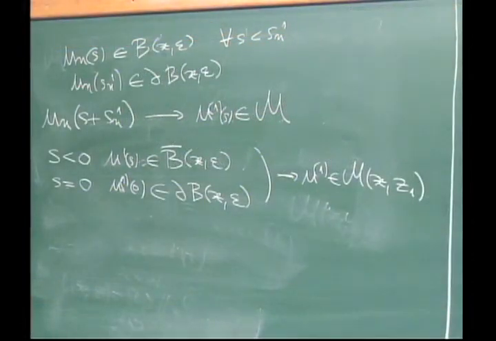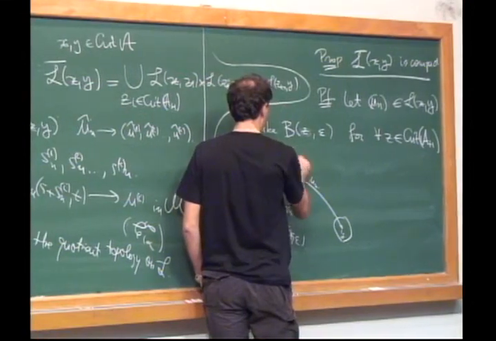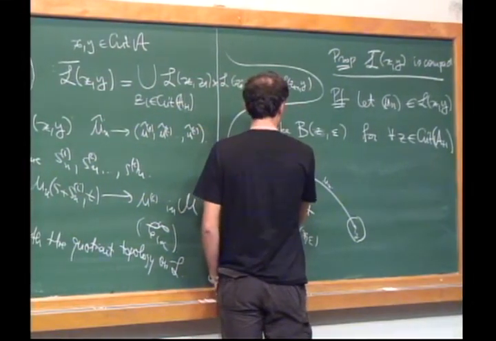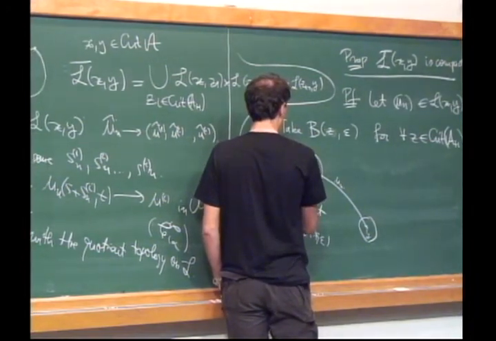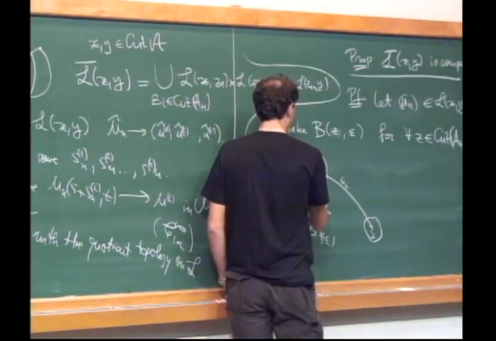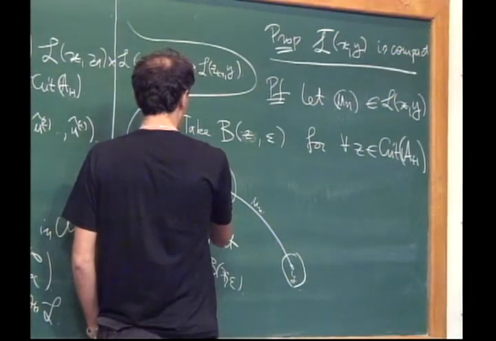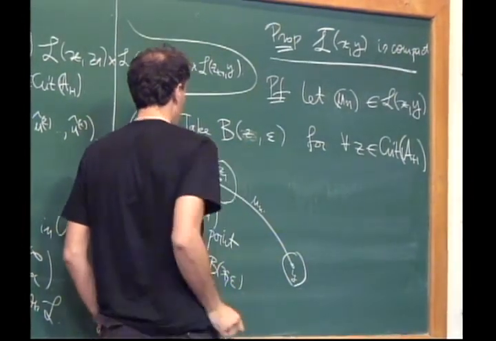So let me picture this here. This is UN of Sn1, and this is this trajectory U1 going to Z1.